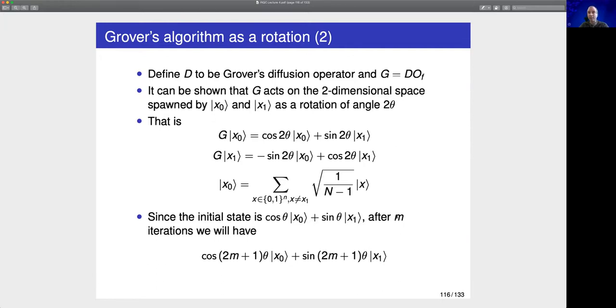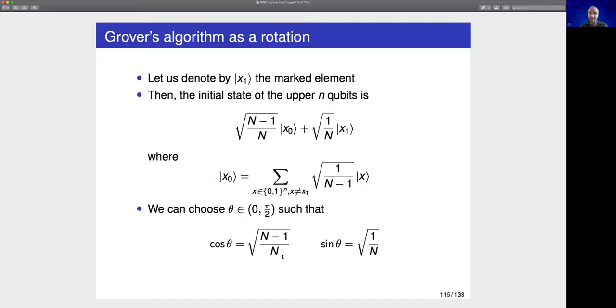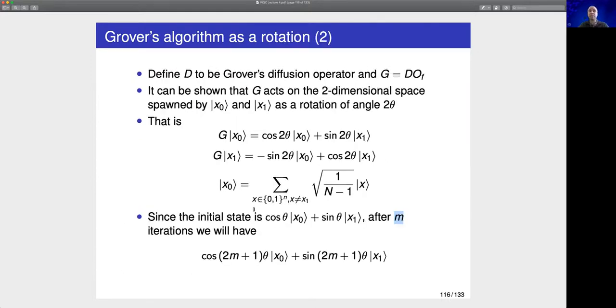So if I apply this part of the circuit, oracle plus diffusion operator, m times, because the initial state is already rotated by angle theta from x0, what we obtain is a total rotation of angle 2 times m plus 1 theta.